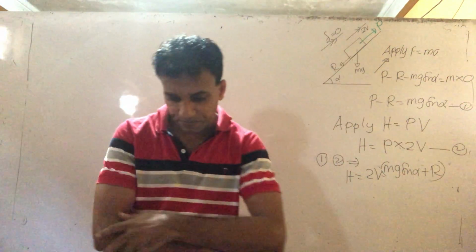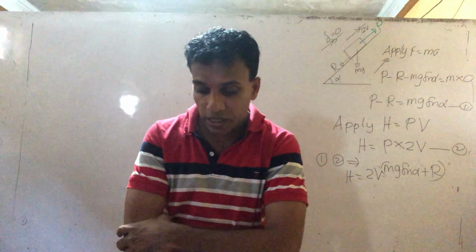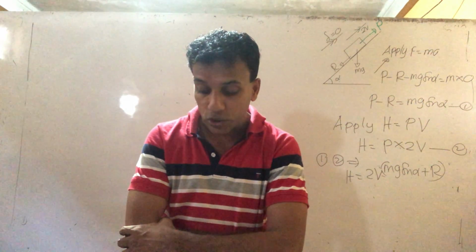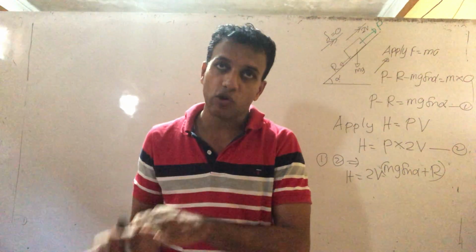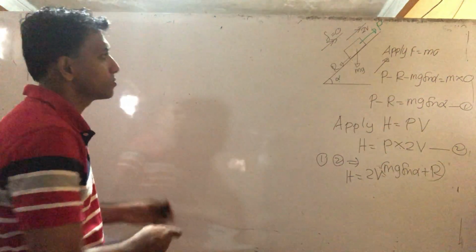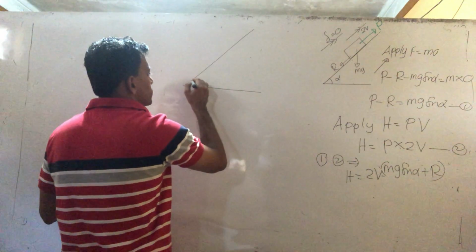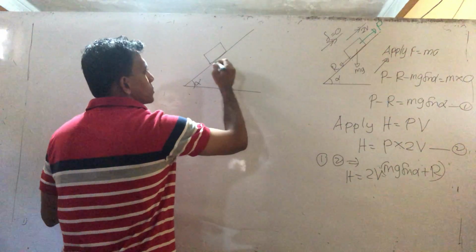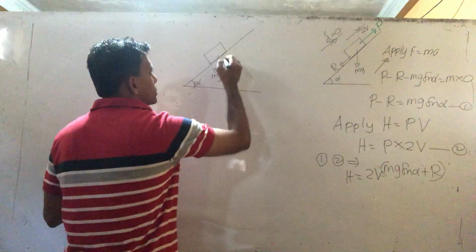Further, they said the maximum acceleration gained by the vehicle when it moves upward with velocity v is 6g sin alpha. Another occasion, so better show a new diagram and mark the details. The particle is again moving upwards.